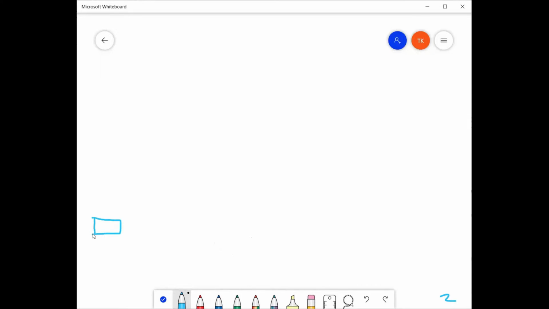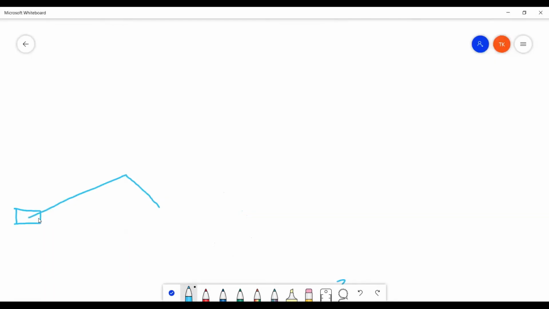Okay. The question asked is to find the angular velocity and angular acceleration of the connecting rod. I have a slider, right? Then a connecting rod. Okay. Then a crank. Alright. So this is our space diagram. This is to be drawn according to a scale, always I am saying.